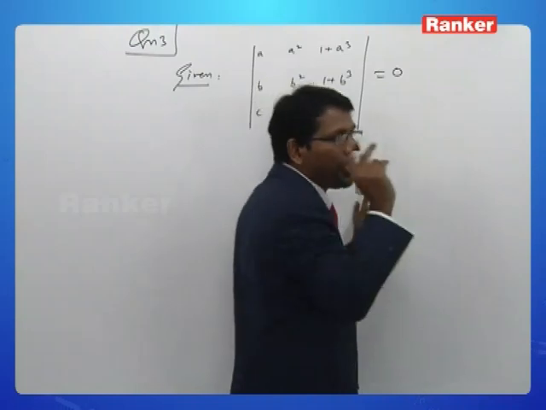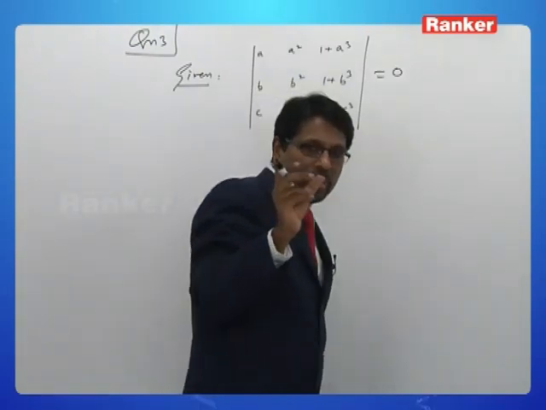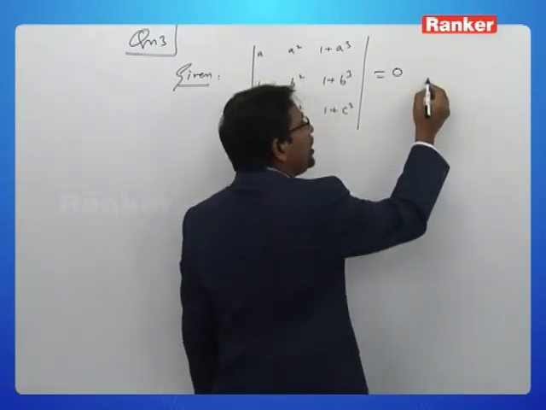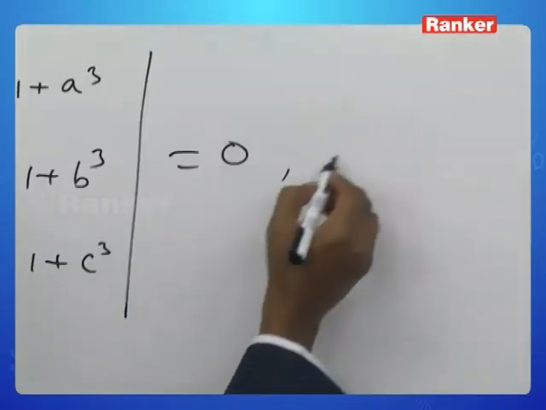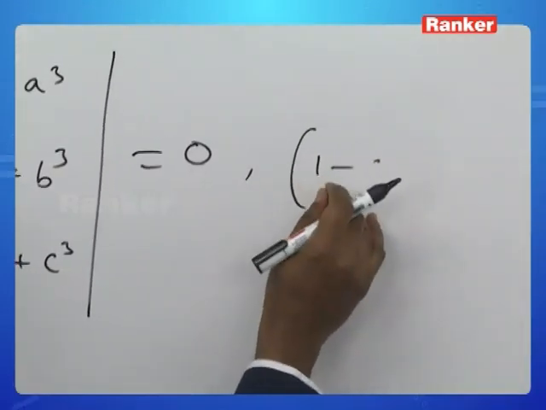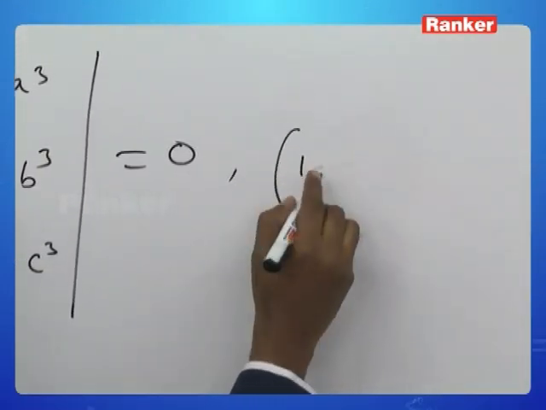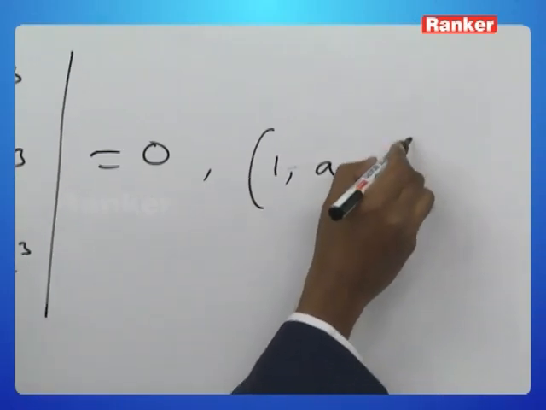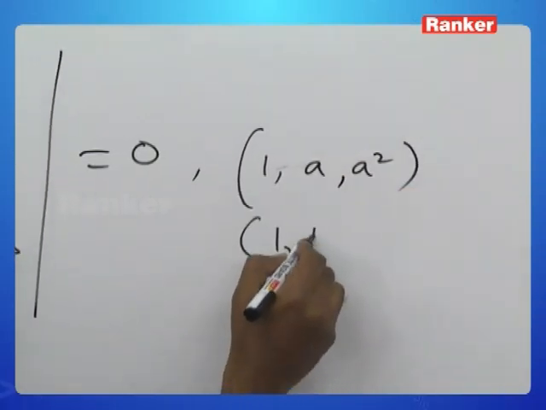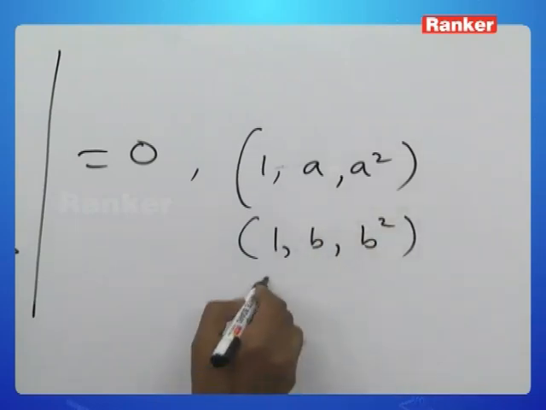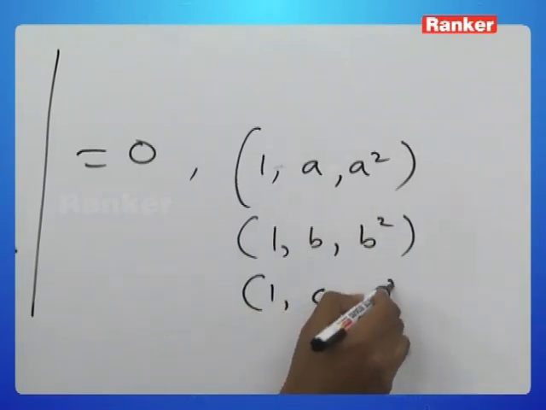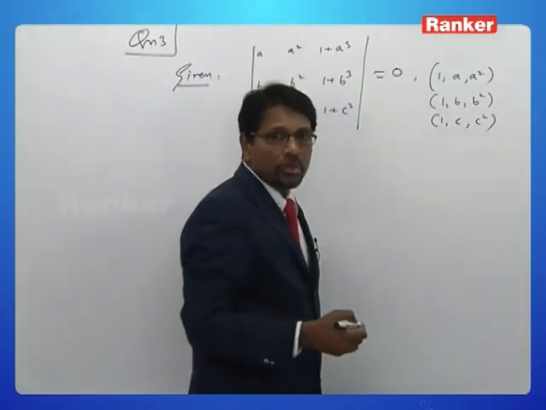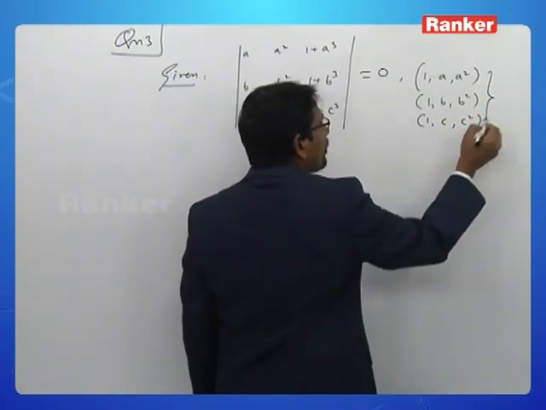We are also given that the three vectors 1, a square; 1, b square; 1, c square, these three vectors are non-coplanar.